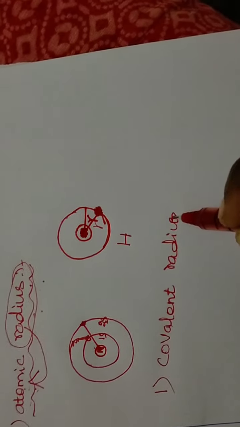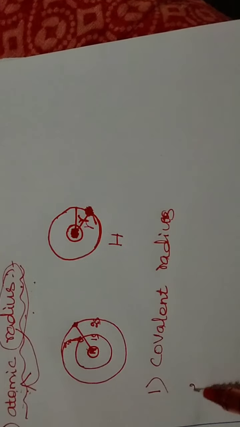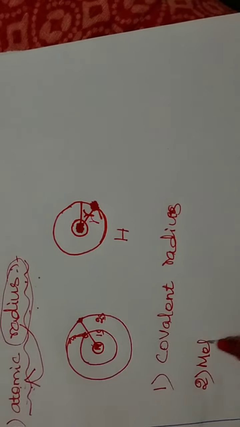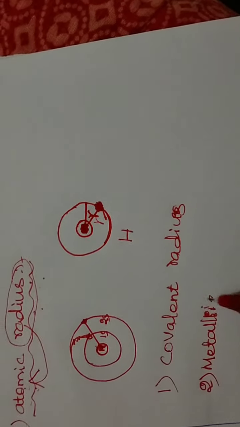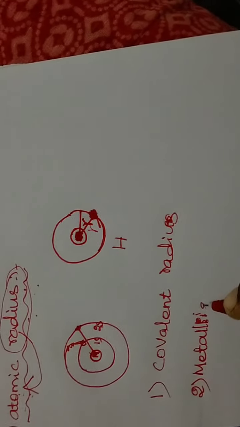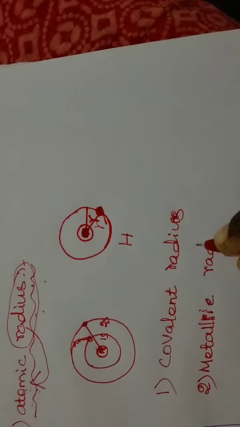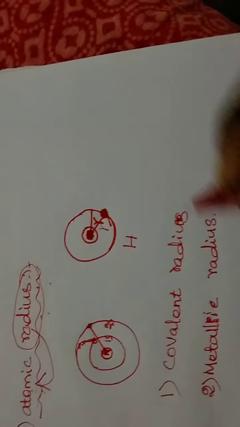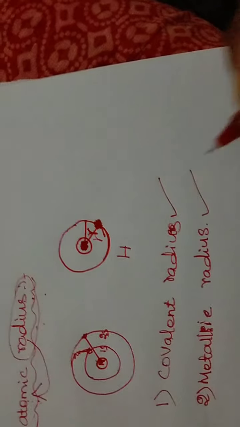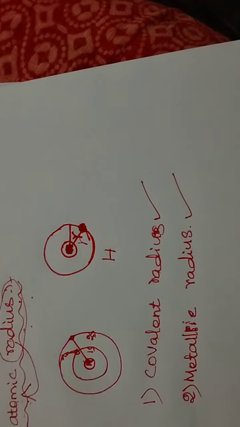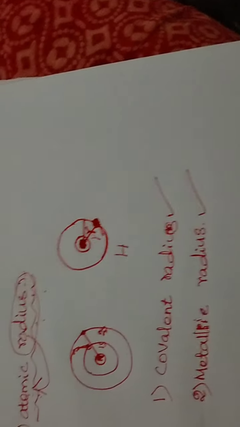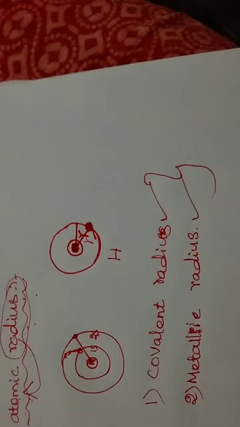The second one is metallic radius. How do we differentiate both?